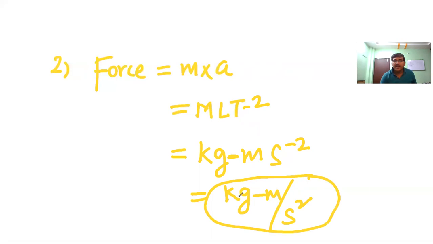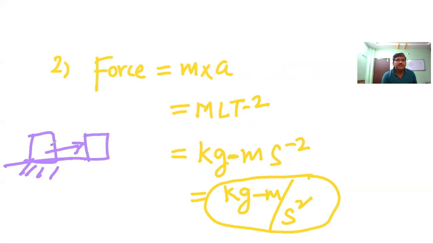This 1 kg body, let us say it is resting on a surface. If this 1 kg body is moving 1 meter distance, the necessary required force applied is known as 1 Newton.